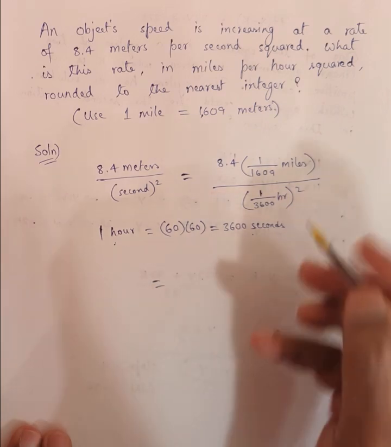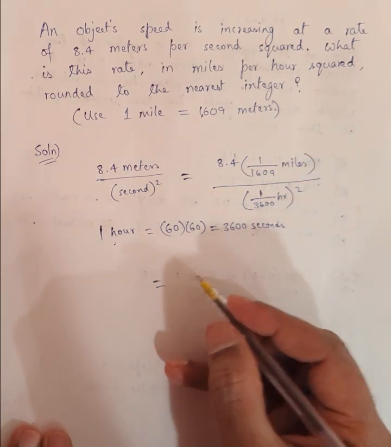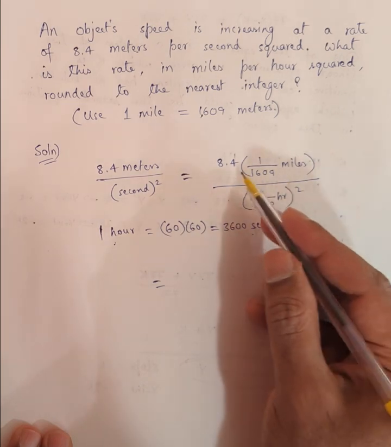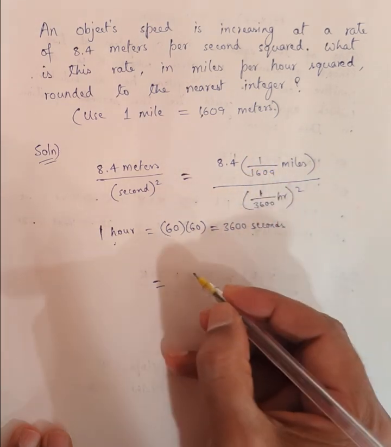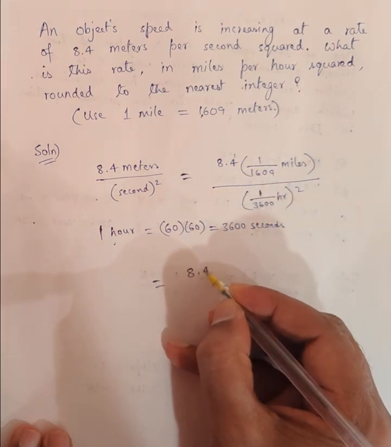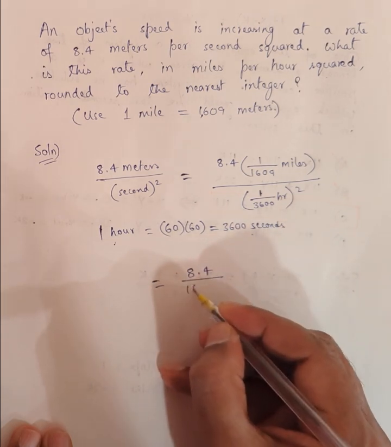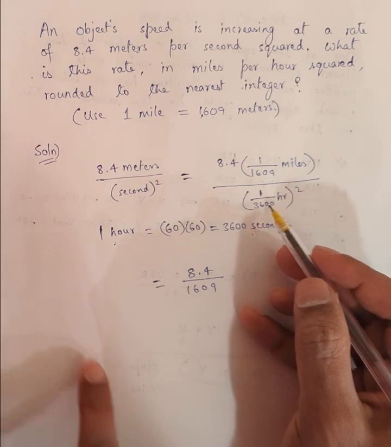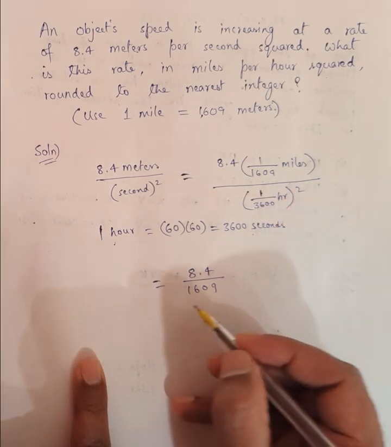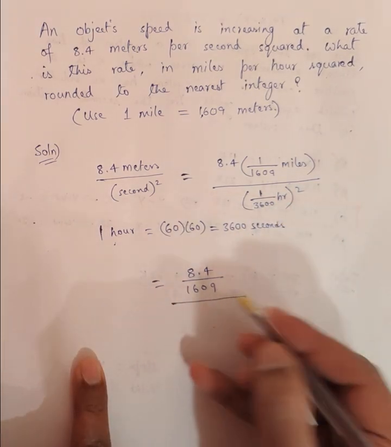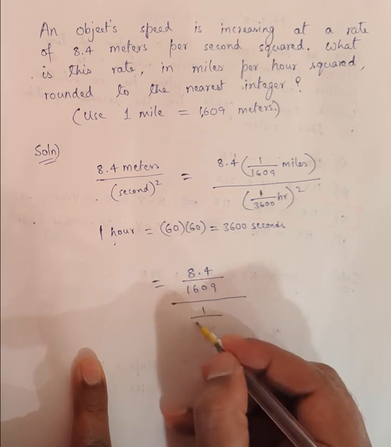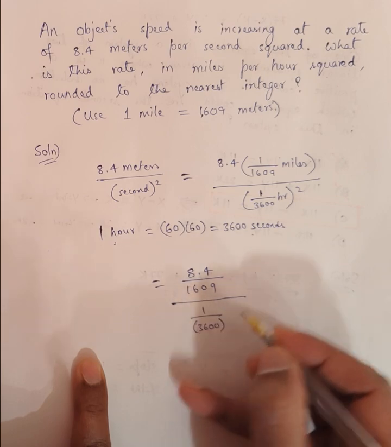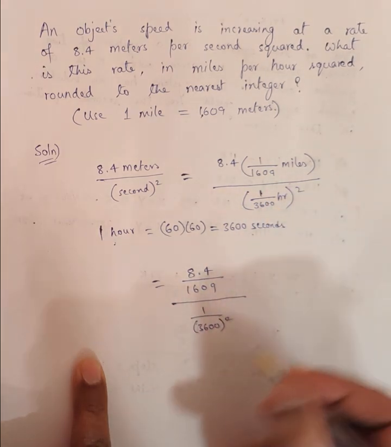So now it looks like a complicated mess, but if I have a calculator, it's not going to be that bad. So let's go ahead and write this as 8.4 over 1609. And then I have to divide by 1 over 3600 square. So let's go ahead and write this as 1 over 3600 square to begin with. 1 square is just 1.